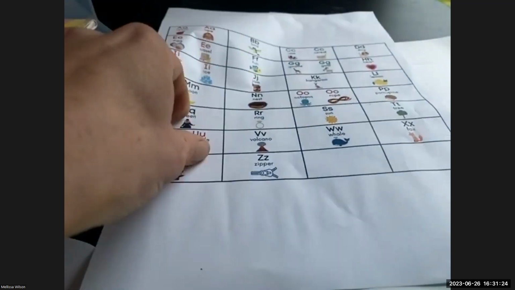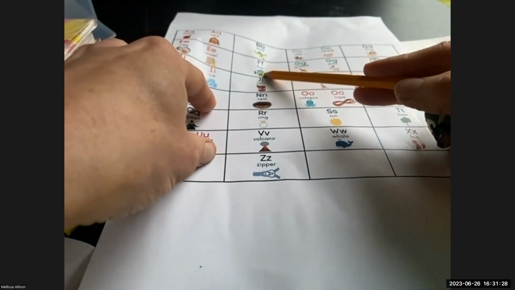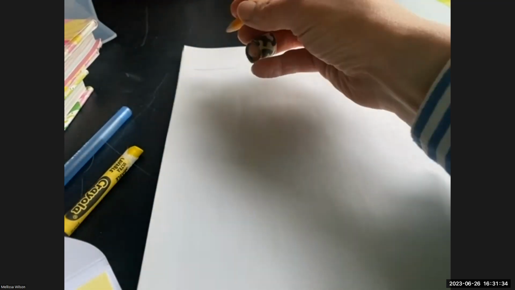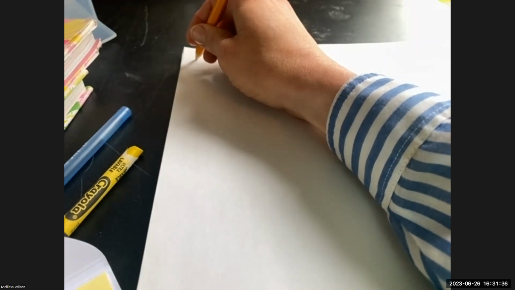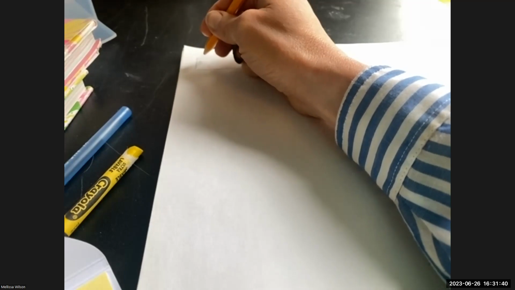First word is fun. I'm looking at my alphabet chart. What do I see here? Oh, you've got it. Fish. The letter F, like in fish. And you know now that when we write a title, the title is going to start with a capital letter.